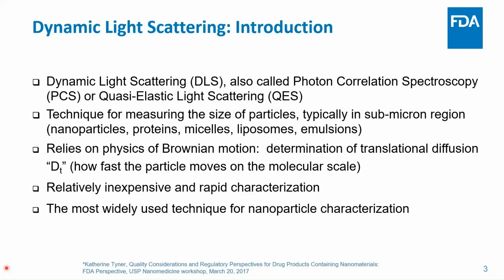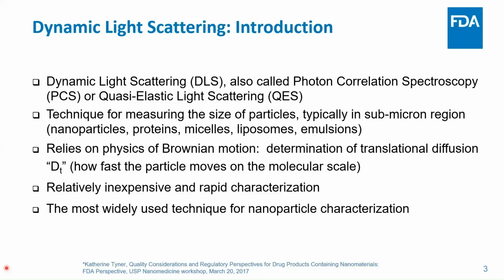It's typically used for measuring size range from 1 nanometer up to a micron, maybe a little above, and we'll see why it has that size range in a little bit.